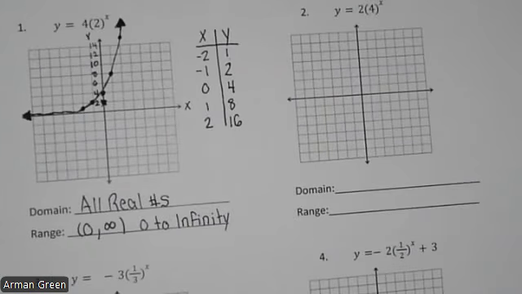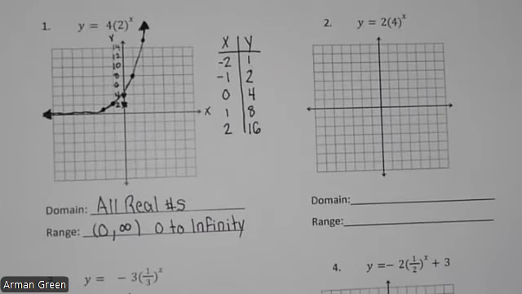Okay, so similar to what I did for number one, you're going to do the same thing for questions two, three, and four on this page. All right. Now, after you get a couple of practice problems in for this, there is one more assignment that you have.